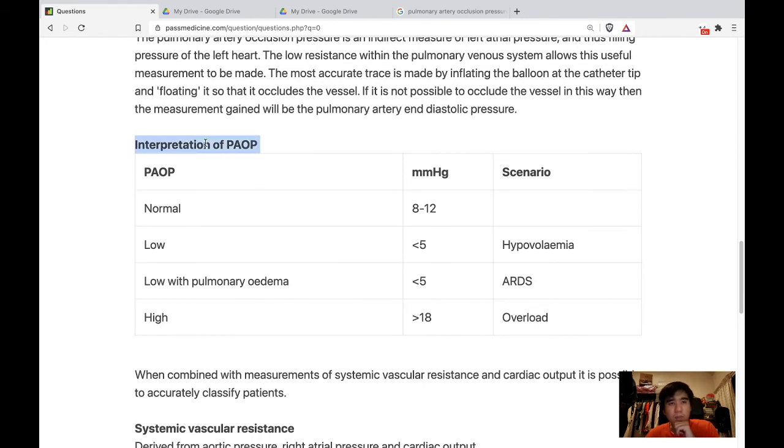So interpretation of pulmonary artery occlusion pressure: normal will be 8 to 12 mmHg, low is less than 5. Low is found in hypovolemia. Low if pulmonary edema, less than 5, is found in acute respiratory distress syndrome. What happens in ARDS? There's inflammation in the lungs, right?